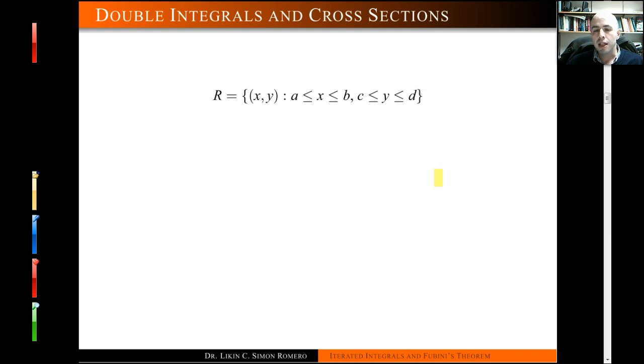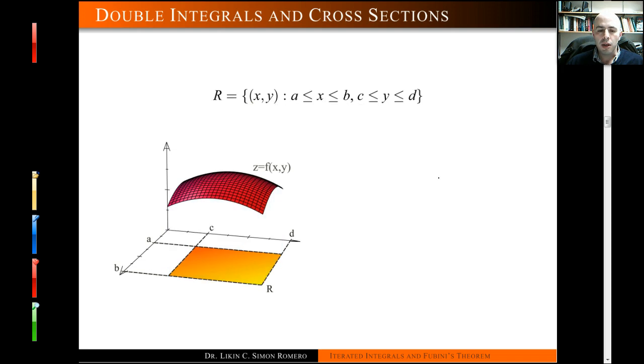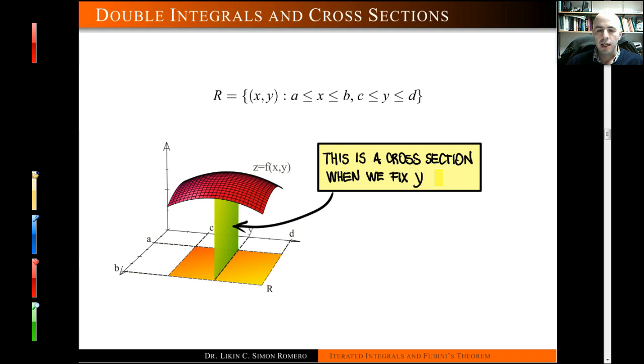So we have a rectangle, and we are trying to compute the volume underneath the graph of the function and over the rectangle. So we're going to take the rectangle and fix y. And our objective is trying to find the area of this green thing. But notice that that's just the area under a curve.